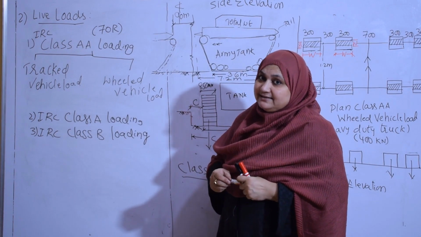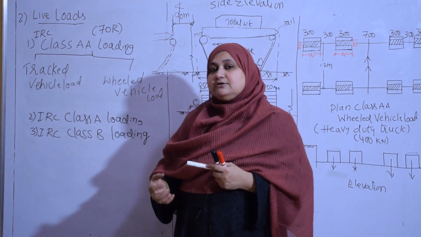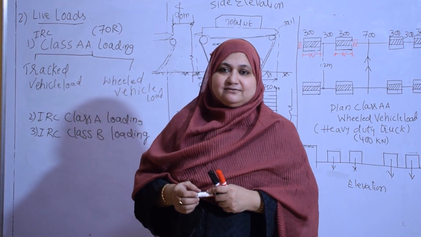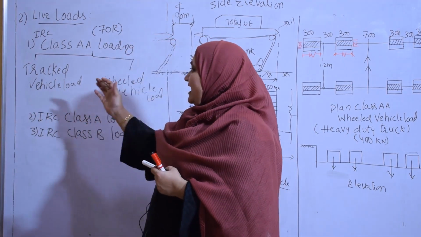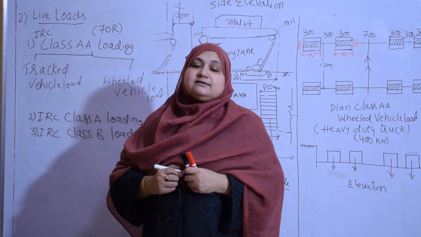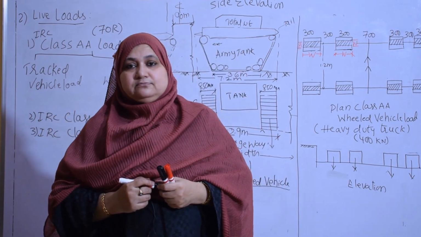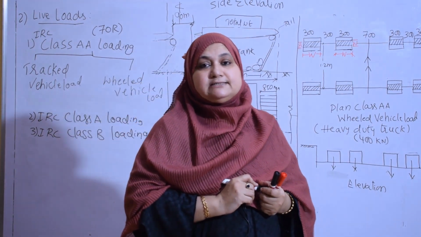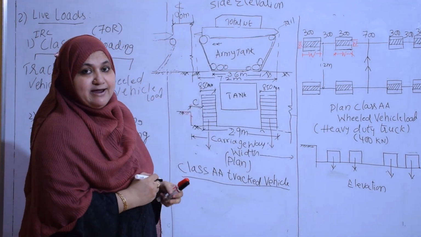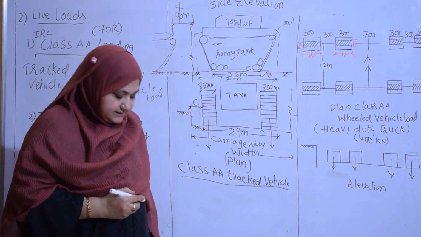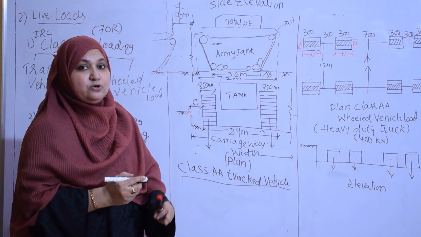It is not that easy. It is not just a number to take and put in the design. We are supposed to remember so many things here. So, tracked vehicle load is the heaviest load. An example of this load is the army tank. The total weight of the army tank is 700 kilonewton.